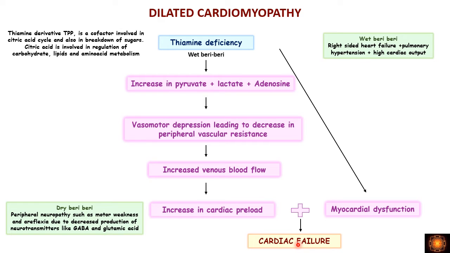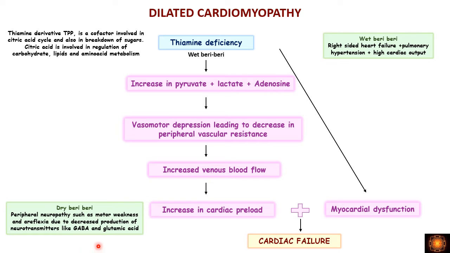Now beriberi, they call it wet beriberi and dry beriberi. Wet beriberi is a condition where we have right-sided heart failure with pulmonary hypertension and high cardiac output. So when the heart is involved, we call it wet beriberi, whereas dry beriberi is when there is a peripheral neuropathy which causes motor weakness and areflexia.